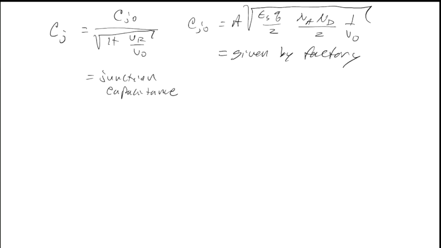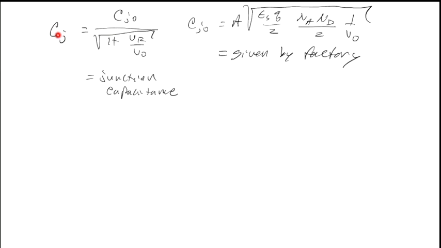As the reverse bias gets large, then the junction capacitance goes down, right? As the reverse bias gets small, the junction capacitance goes up. So by changing the reverse bias, you change a capacitance, and that device is a varactor.